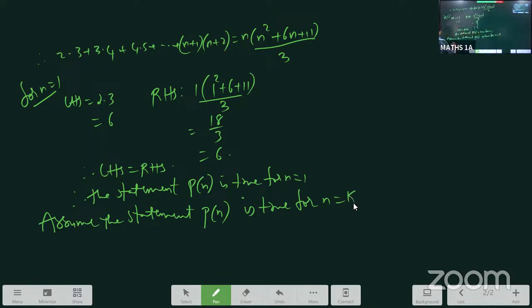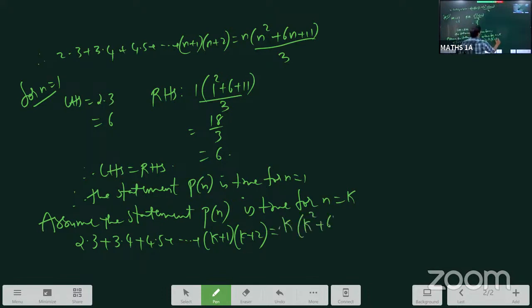So what am I going to get? 2 into 3, 3 into 4, 4 into 5, plus so on, plus k plus 1 into k plus 2, that is equal to k into k square plus 6k plus 11 by 3.